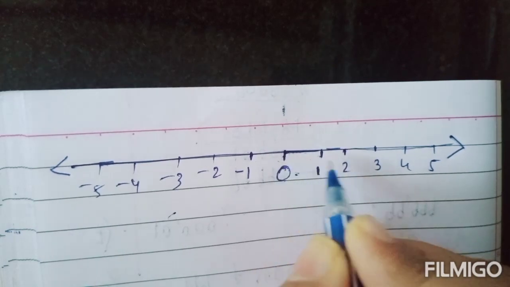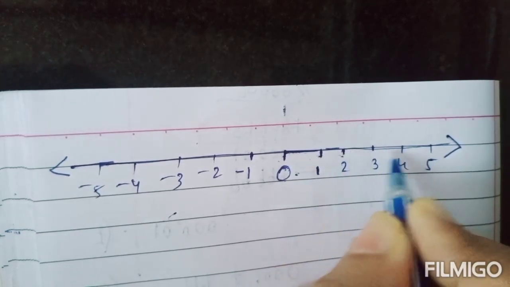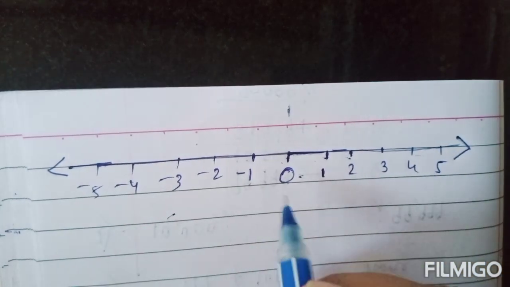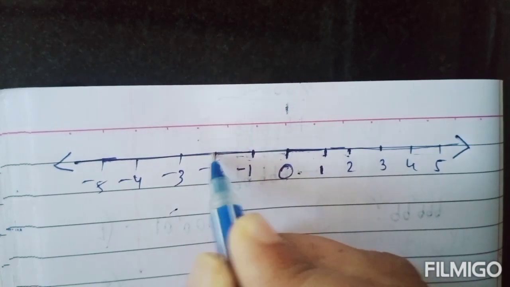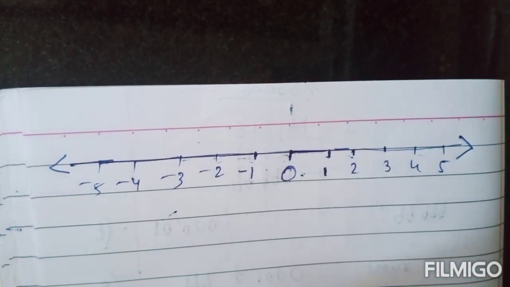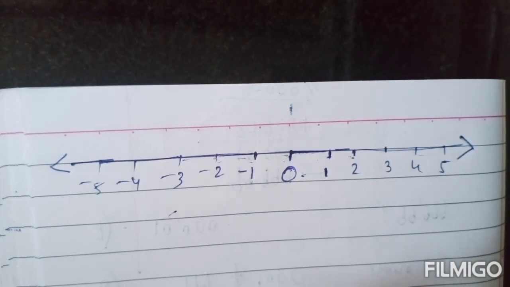Distance between 0 and 1 should be the same as the distance between 1 and 2, 2 and 3, 3 and 4, 4 and 5, etc. Similarly 0 to minus 1, minus 1 to minus 2, these distances should be the same. So you can use scale and pencil for drawing number line.